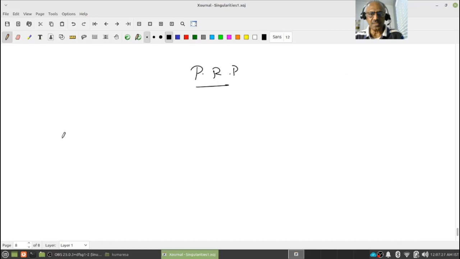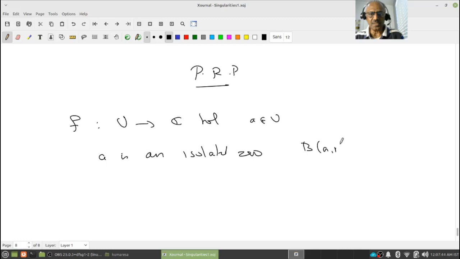So now I am ready for the thing. Now suppose I have a function f which is holomorphic, and a belongs to U, and a is an isolated zero of order m. Let us say B-bar containing U, right?